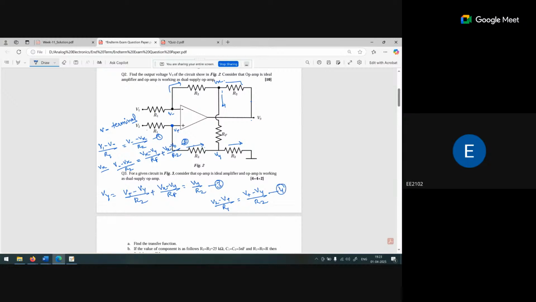So we have written the 4 equations. Now with the help of these 4 equations, we eliminate all that intermediate node voltage Vy, Vx, V positive and V negative. All the equations will be in terms of V0, V1 and V2.